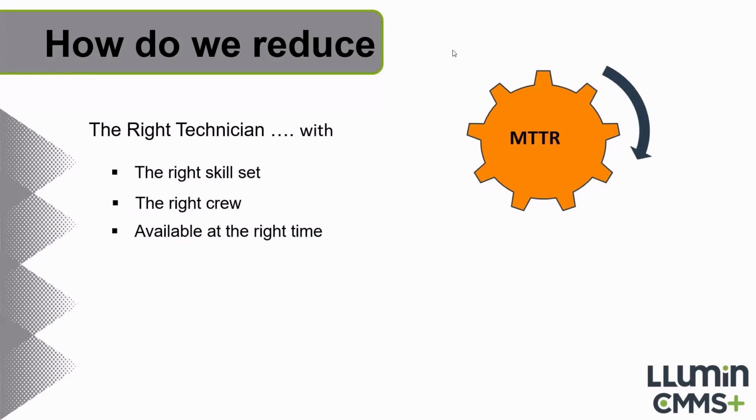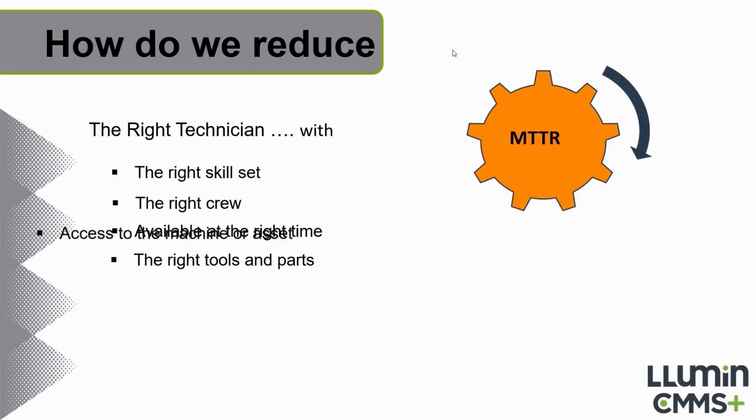Obviously, if it's a planned event, then we have to make sure that the asset's available to work on, because there's a work order that's impending, and obviously we want to get that thing done as fast as possible. And also, if there's parts or tools or resources that are needed in order for the crew or the technician to complete the work, making sure that they're available and they're the right ones.